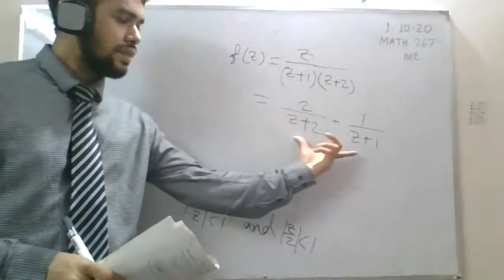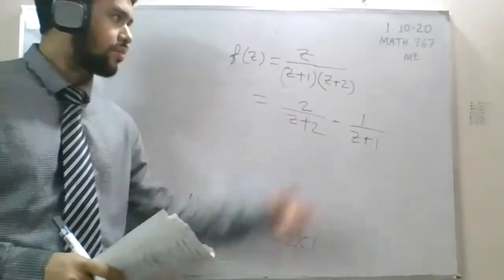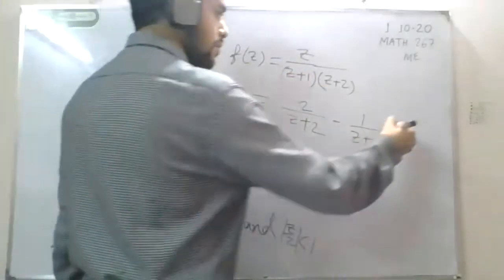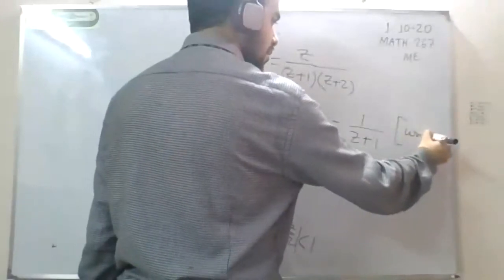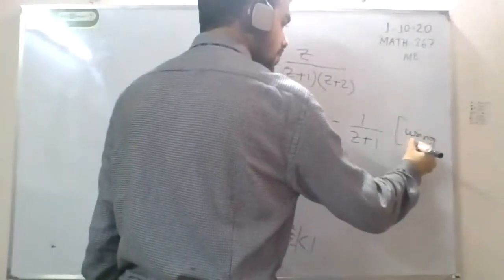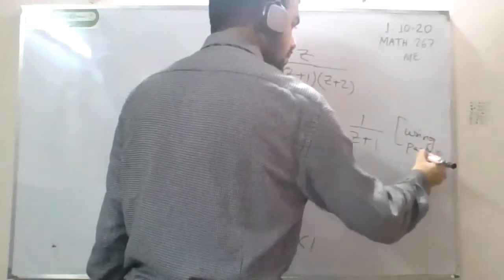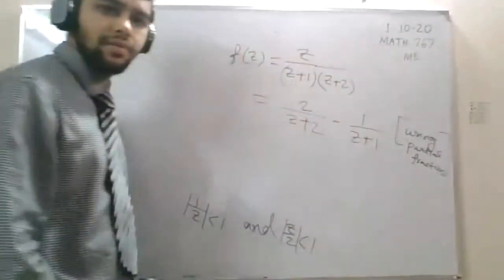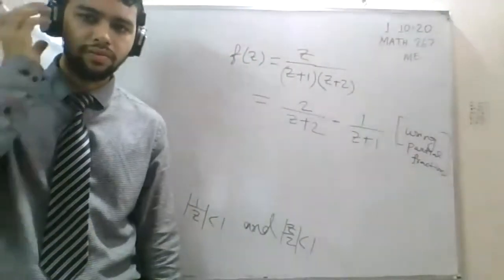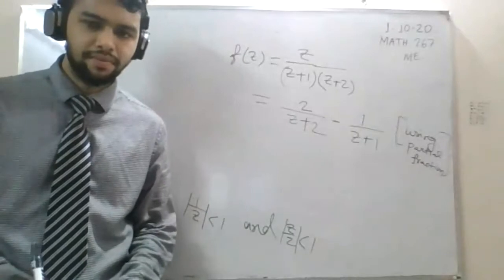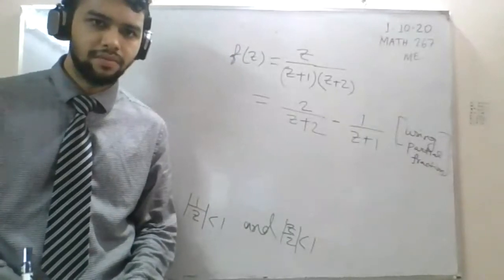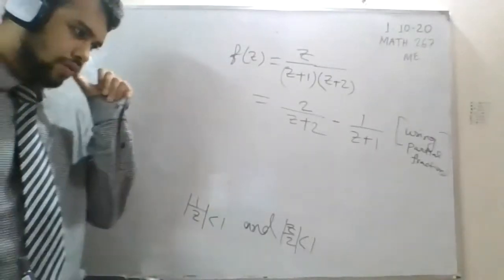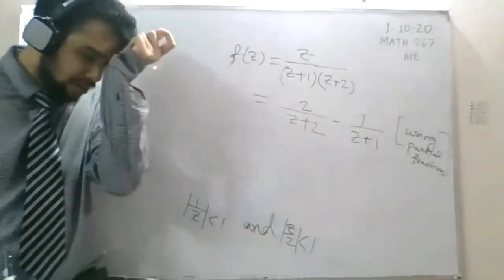How can we find out this partial fractions from here? Sir, one shortcut. Yes, one by one. Sir, manually once z = -1 and once z = -2.